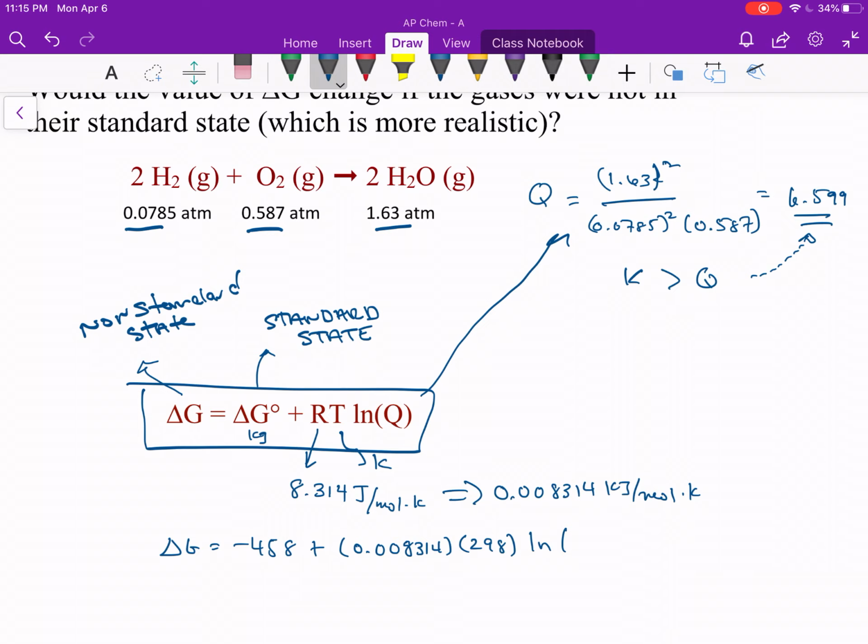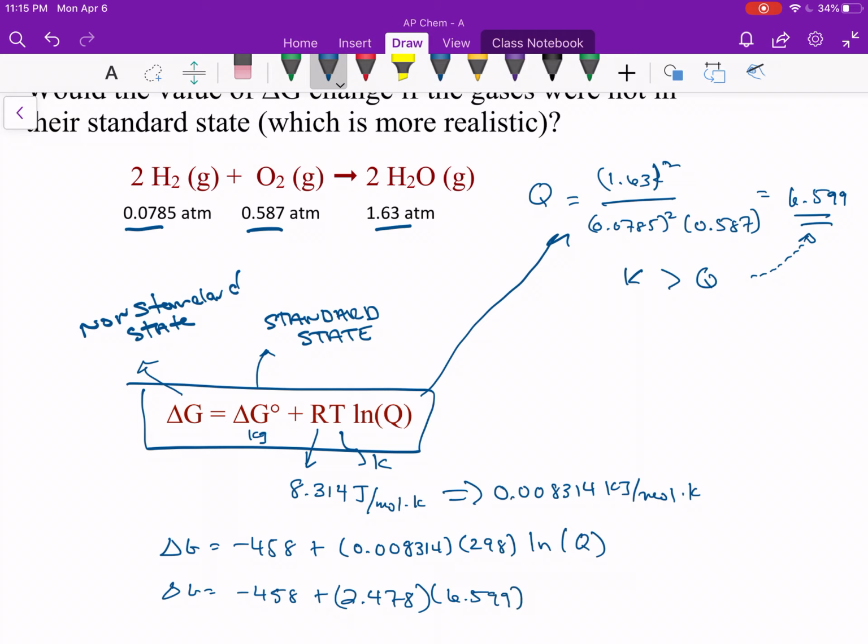Well, I lied, this is not actually what Q is, but anyways, delta G is going to be equal to negative 458 plus 0.008314 times 298, which is 2.78, times the natural log of Q, which actually works out to be 6.599.